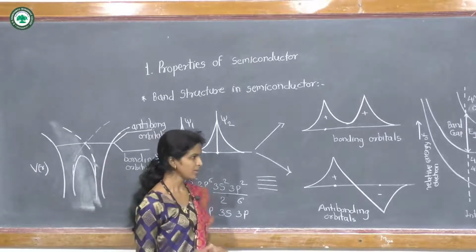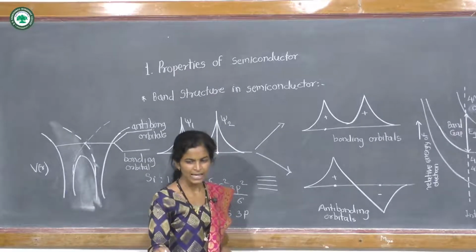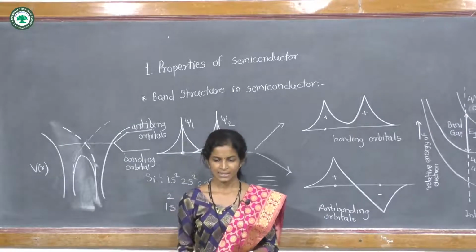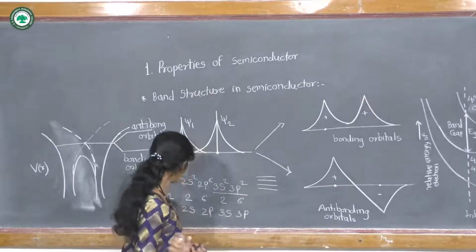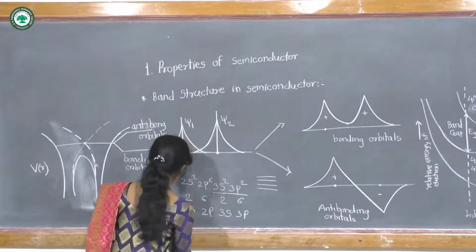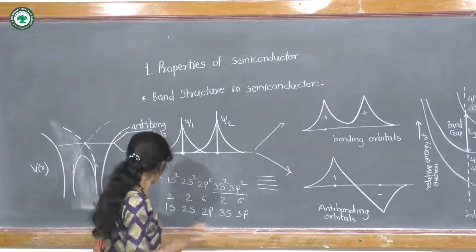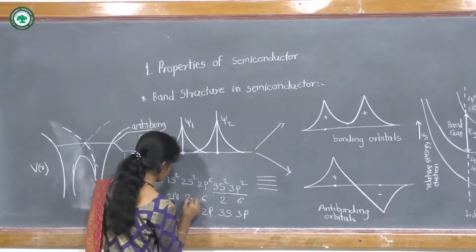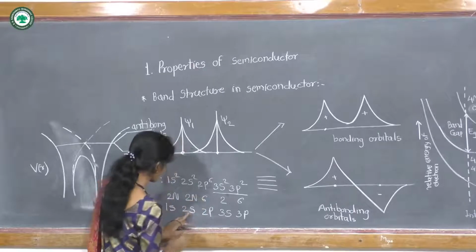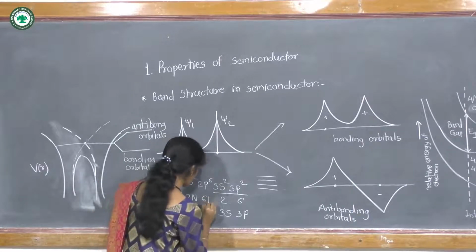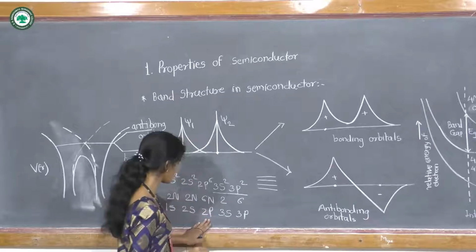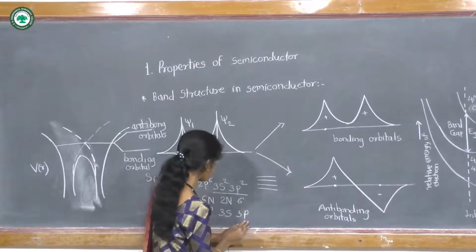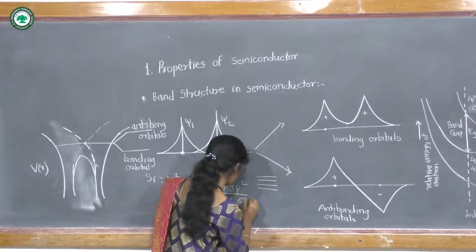If one considers n atoms coming closer, then there are 2n energy states for 1s, 2n for 2s, 6n for 2p, 2n for 3s and 6n energy levels for 3p.